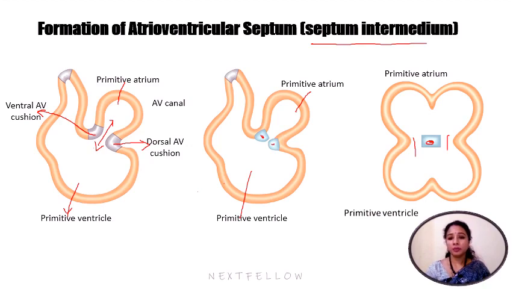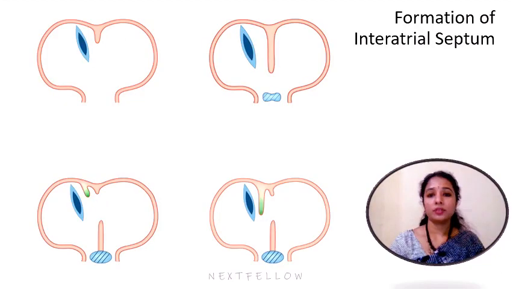This is the primitive ventricle, this is primitive atria. This is the right AV valve and this one is the left AV valve, and in between is the AV cushion. So that was about the development of atrioventricular septum.